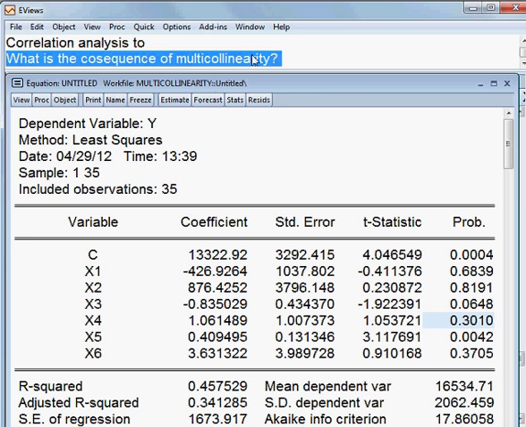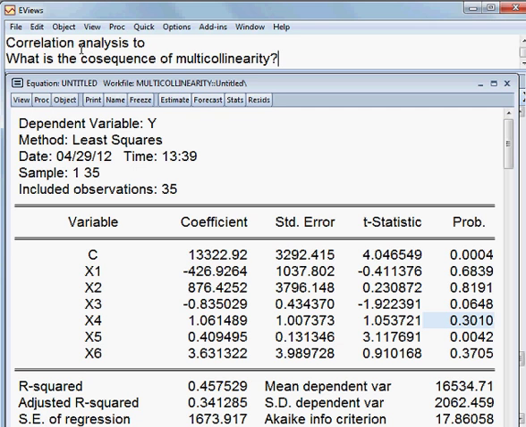If there is a problem of multicollinearity, the standard error of x4 goes up. If the standard error goes up artificially, then the t statistic goes down. As a result, the p-value goes up, and that variable cannot become significant in this model.